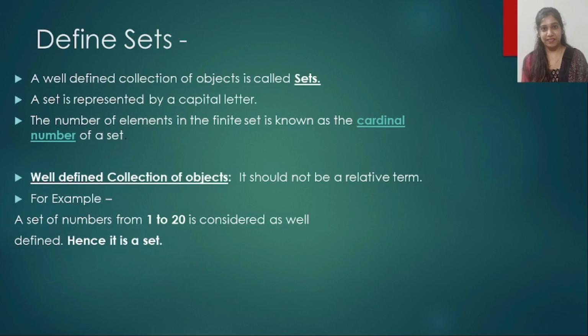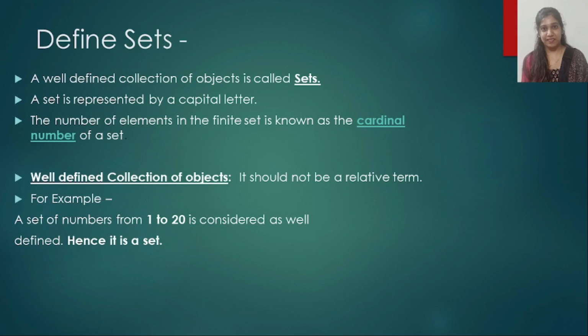It is always represented by a capital letter, not any small letters. The third point is that the number of elements in a finite set is known as the cardinal number of a set. This point we will see later on in our next slide.